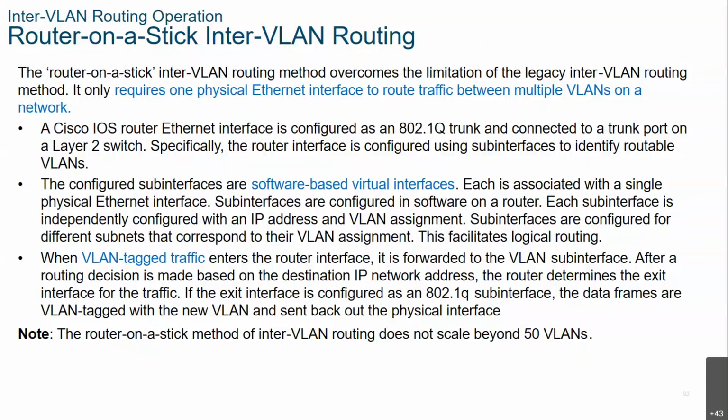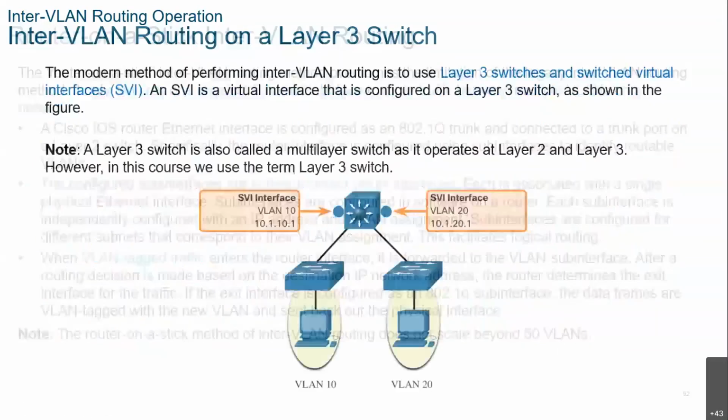So it doesn't scale very well. Even if your router can handle a big load, if it takes a lot of time, then your connectivity would suffer. The performance of the network will suffer. So it doesn't scale very well when you have more than 50 VLANs. If it's smaller than that, 30 VLANs, 20 VLANs, 5 VLANs, 2 VLANs, no problem.